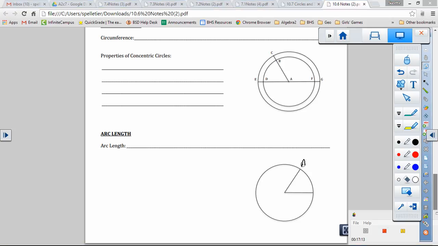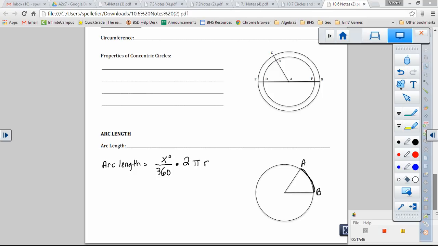So let's go back here to AB. I'm looking for the arc length, the length of that segment. The formula for the arc length is the angle measure, however many degrees it is, out of 360, times the actual circumference, 2 times pi times r.